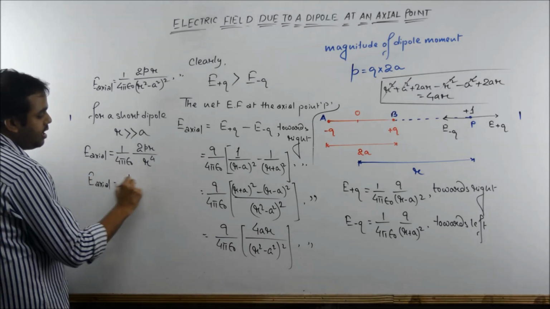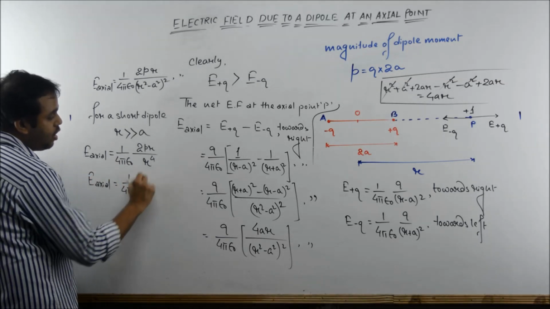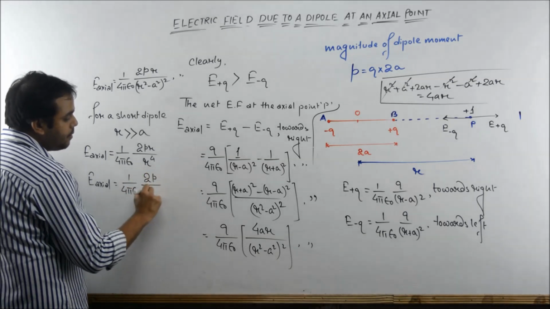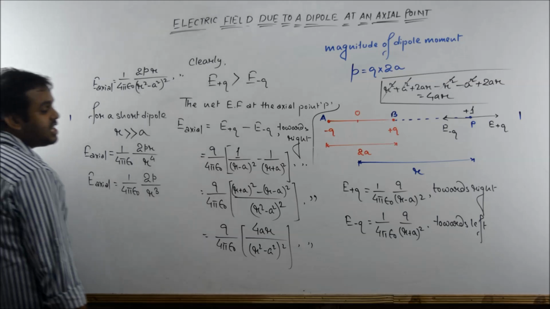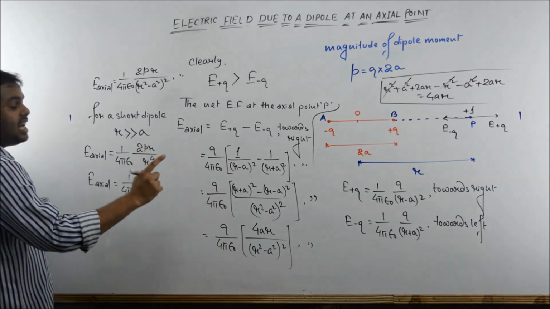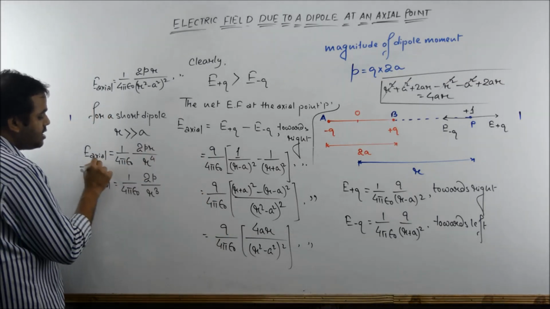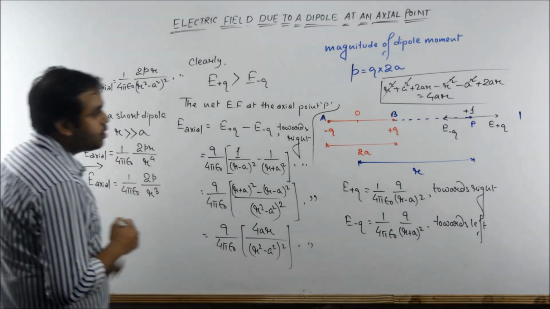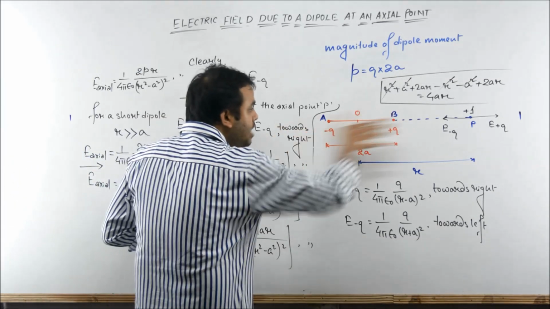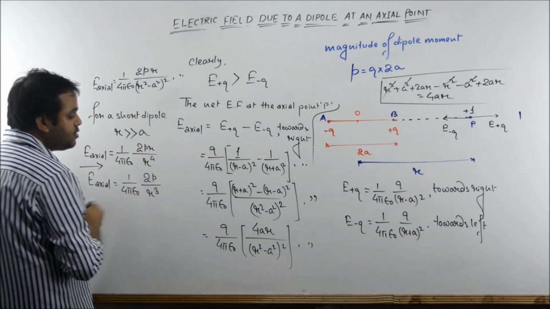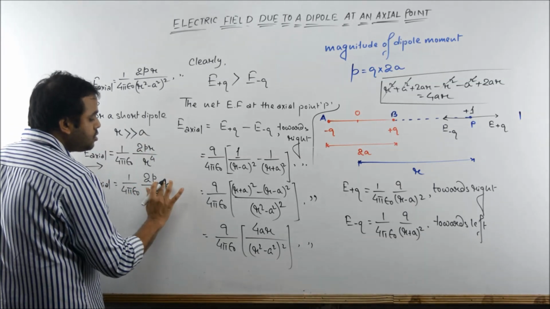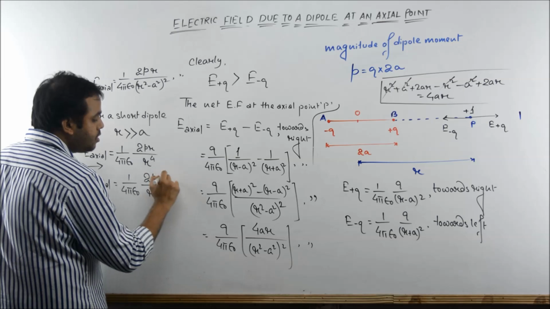So now we will write the final expression. It's 1 by 4 pi epsilon naught, twice P by r cube. Clear, students? And the direction? What is the direction of net electric field? It's towards right. So how will we denote the direction towards right? We'll use P cap. What is P cap?